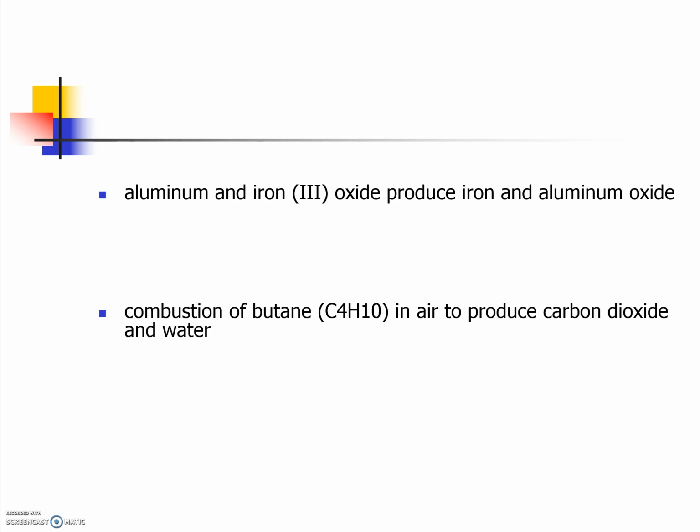So we have aluminum and iron 3 oxide, which produces iron and aluminum oxide. So aluminum is just Al. Iron 3 oxide, that tells me it's Fe plus 3. Oxide is O minus 2. Produces just iron on its own, and then aluminum oxide, Al plus 3, O minus 2. Let me write my formulas.